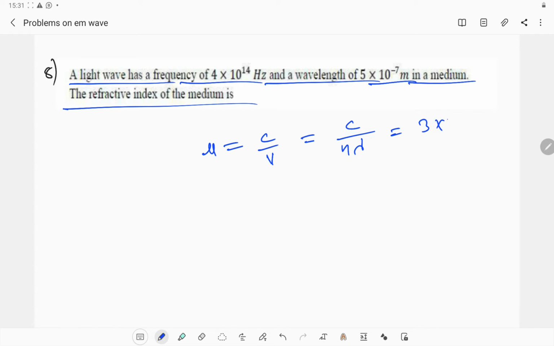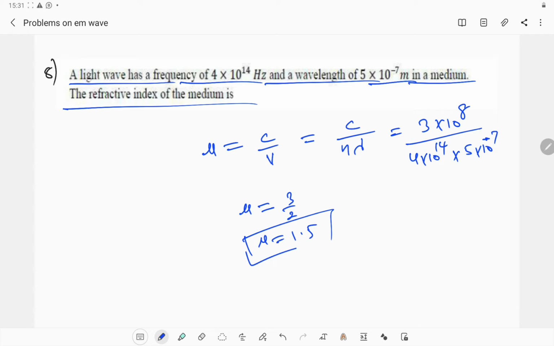Here c is given as 3 into 10 to the power of 8, n is the frequency 4 into 10 to the power of 14, and wavelength is 5 into 10 to the power of minus 7. This becomes mu is equal to 3 by 2, therefore mu is equal to 1.5. This is the refractive index.